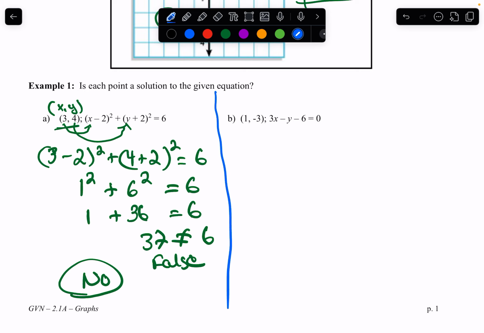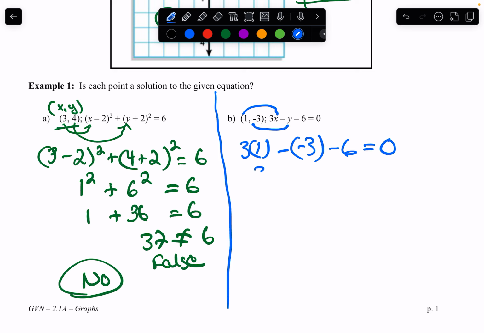Okay, let's try another one. We have x is 1 and negative 3 is y. So we're going to plug it in. 3 times 1 minus, and then y is negative 3. Remember that we have the minus sign and then we have the negative in front of the 3, so we've got to have both negatives on there. And then minus 6 equals 0.